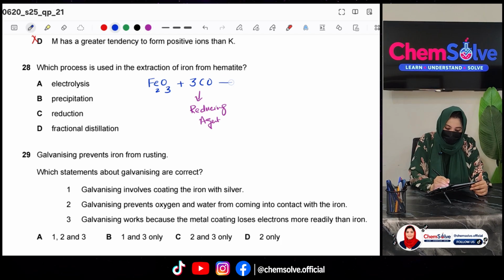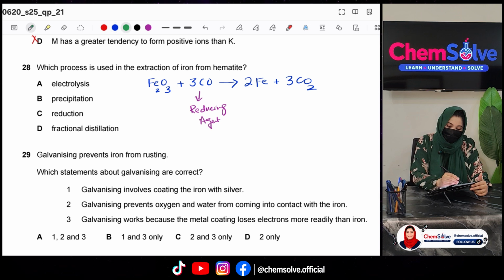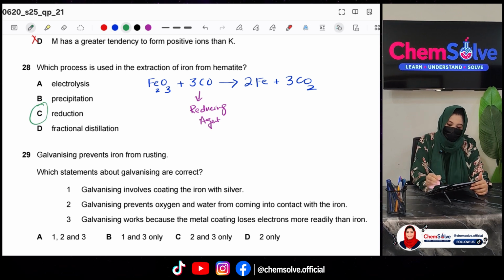And what happens? Iron is being separated and carbon dioxide is formed. So clearly this is reduction. That's why the correct option is option C.